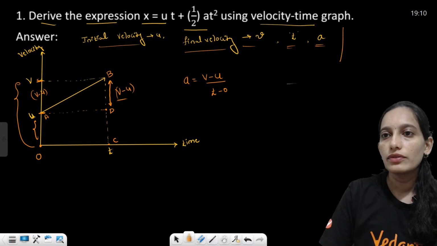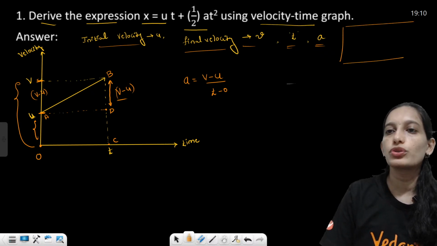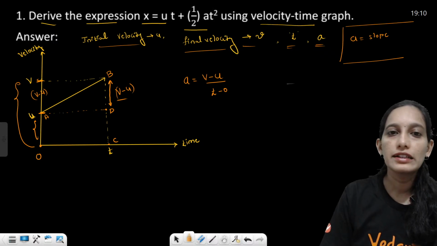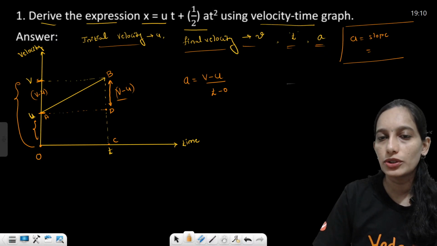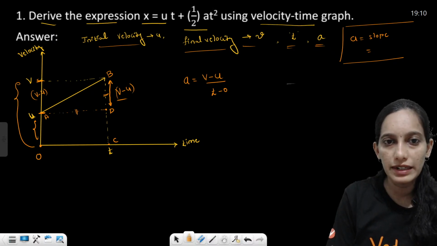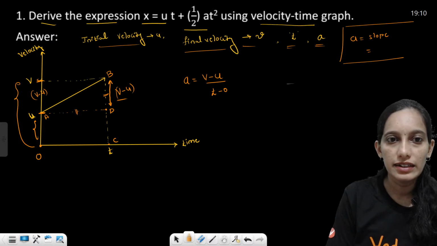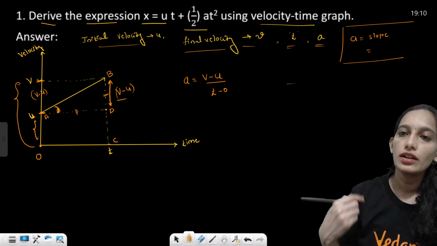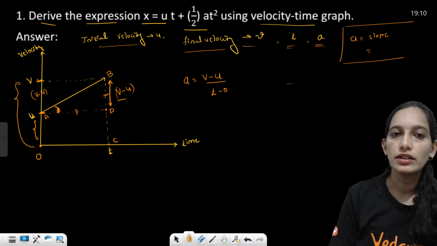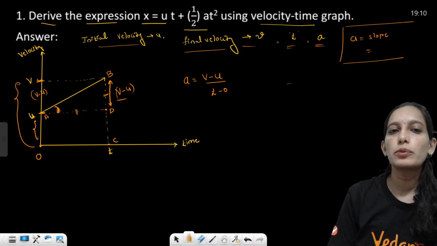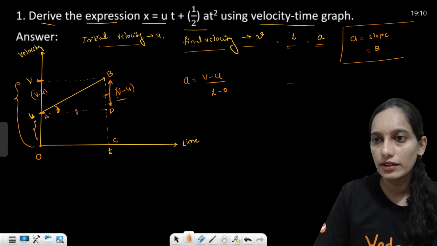The other way, which I have shown to you in the last class, is that acceleration is nothing but slope. Here the slope will be equal to opposite side by adjacent side. The opposite side is this BD, the adjacent side is this AD, if I take this as theta, correct? In the right angle triangle we are finding the slope of the line AB, which is opposite by adjacent, BD by AD.